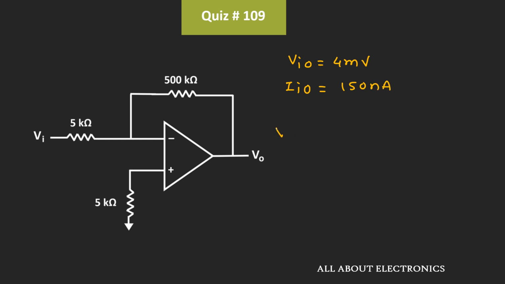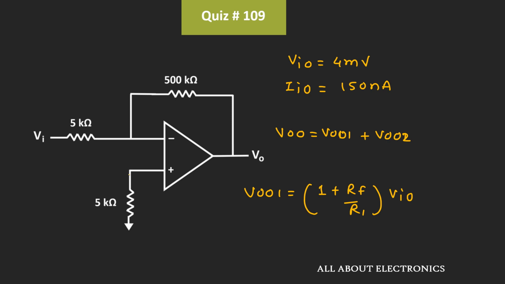So the total output offset voltage will have two components. One is because of this input offset voltage, that is VOO1, and second is due to this input offset current. Let's call it VOO2. As we have seen on the main channel, because of this input offset voltage, the output offset voltage VOO1 can be given as 1 plus RF divided by R1 times input offset voltage.